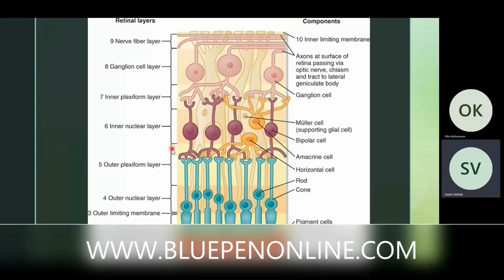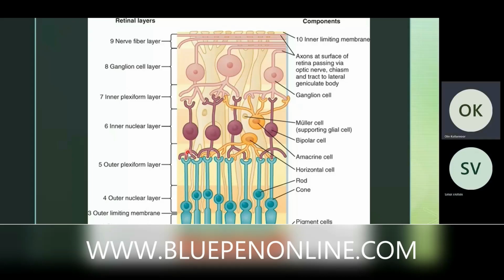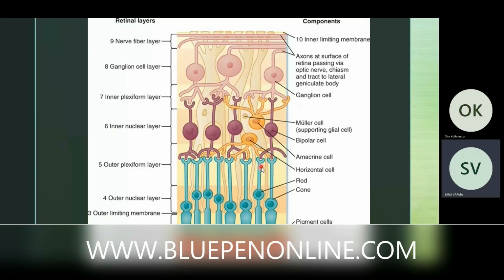In this outer plexiform layer, we can see their synapses. See, this is from the photoreceptors, and these are the dendrites of the bipolar neurons. So here we can see the synapses between the rods and cones, or the photoreceptors, and the bipolar cells.